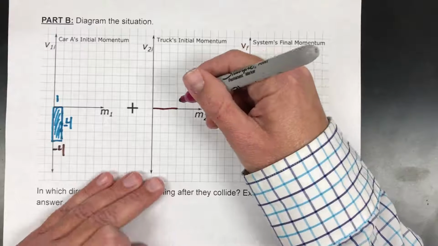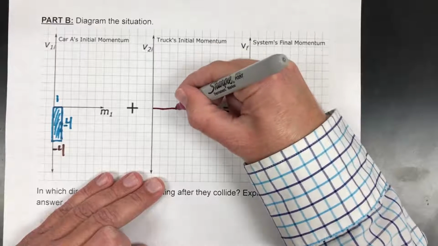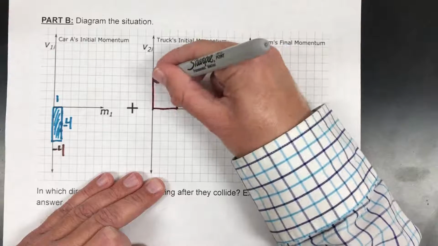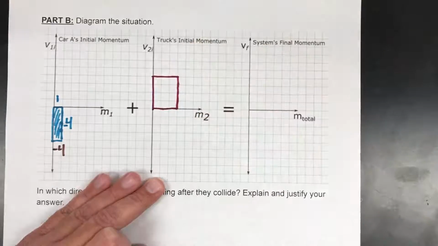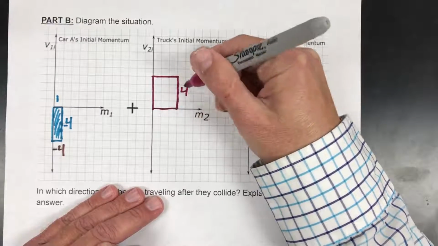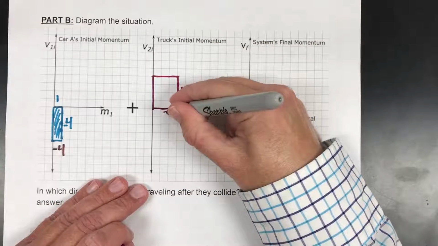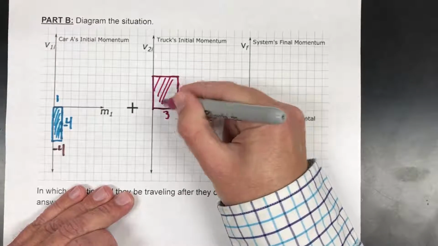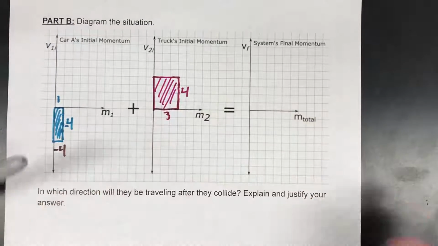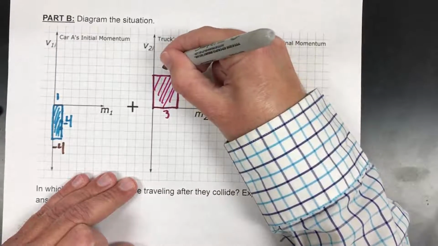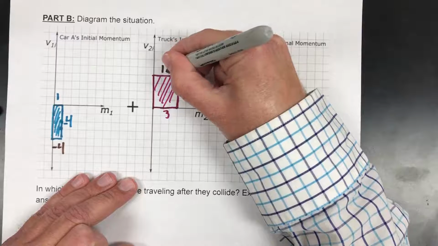It's got the same speed, not the same velocity, because they're in opposite directions. So its speed is 4 and its mass is 3. This set of blocks represents the truck's momentum: 3 times 4, so its momentum will be 12.